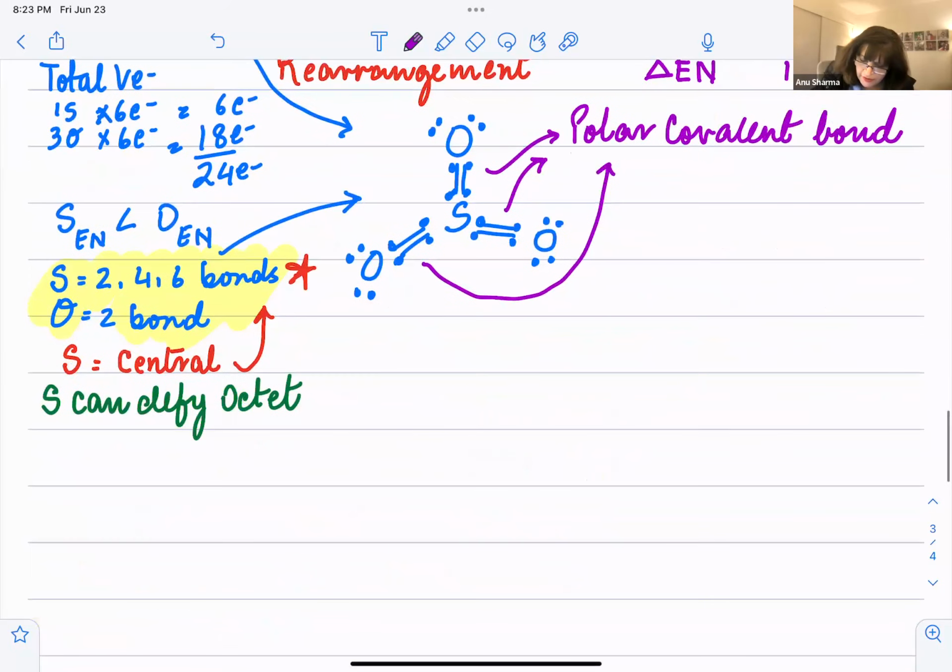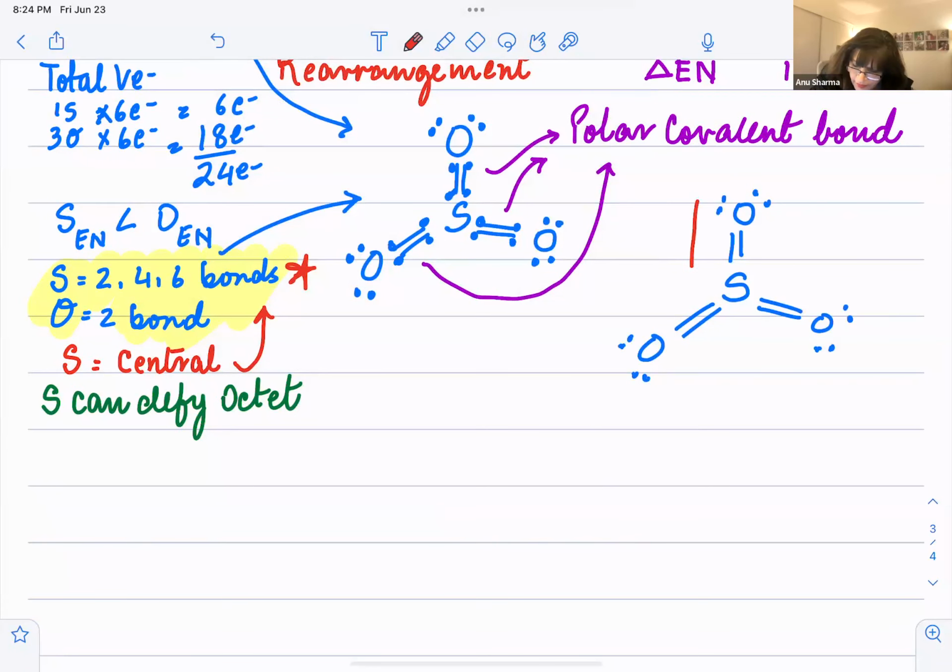Let's do this again. So this means that sulfur, double bond, double bond, double bond, oxygens. And so here we see that the pull is this side, it's this side, and it's this side. This side towards the oxygen, because oxygen is more electronegative.